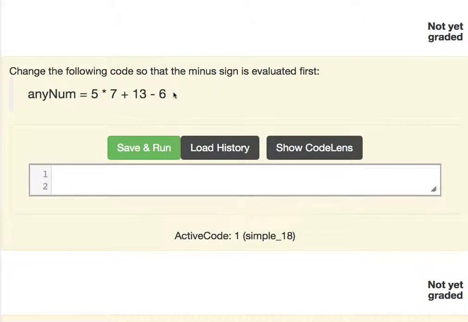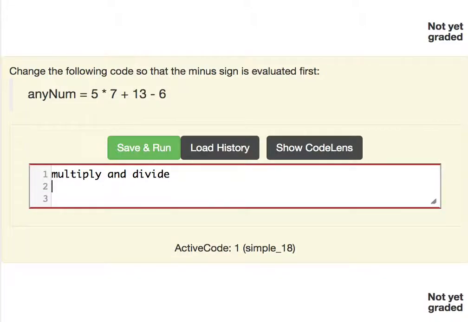So this question here refers to order of operations, and the way that the order of operations goes is multiply and divide are on one level, and then add and subtract are on another level, and multiply and divide are higher in precedence than add and subtract.